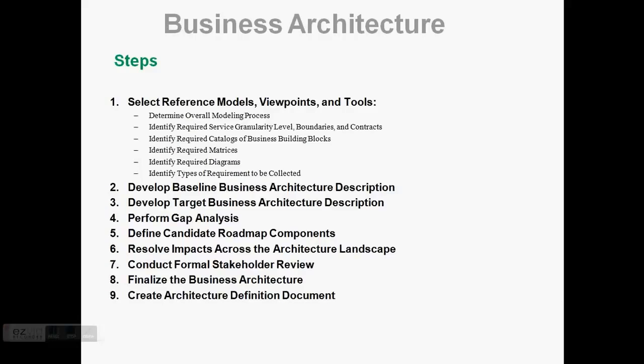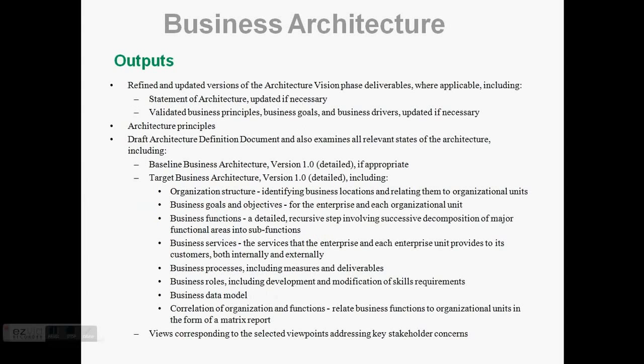And after carrying out all these steps, we need to have the outputs as follows. Refined and updated versions of the architectural vision phase deliverables where applicable, including the statement of architectural work.